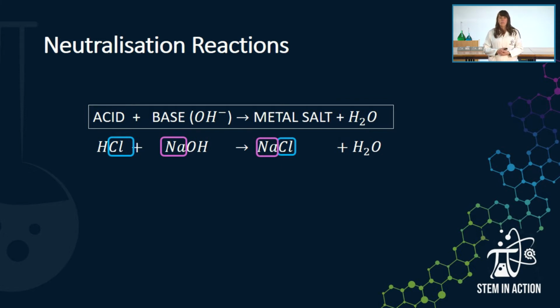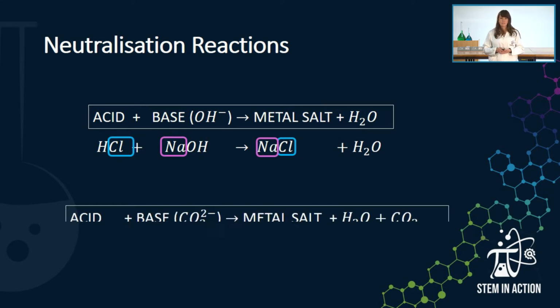We can see that our metal salt comes partly from our acid and partly from our base. The positive ion of your metal salt will always come from your base, and the negative ion of your metal salt will always come from your acid. That's because what's left over in the acid and the base joins together to form our water. Our H plus from our acid and our OH from our base form our water.